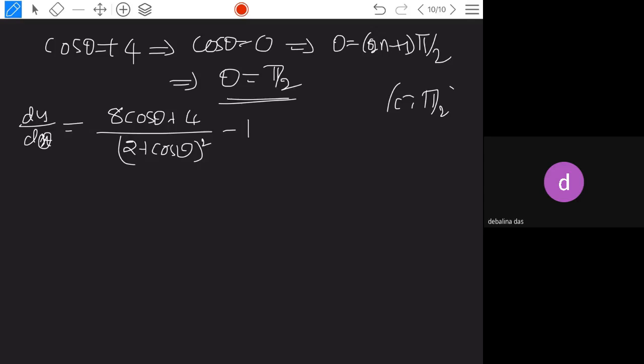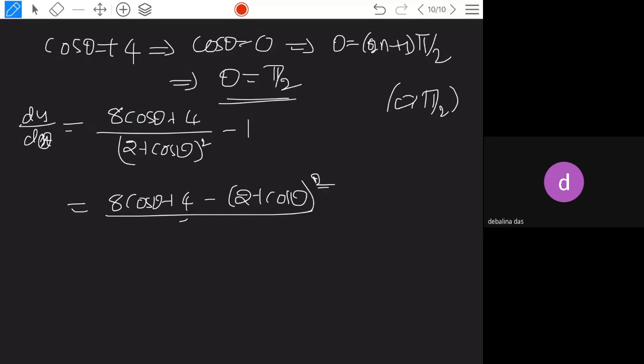For that, obviously you need to simplify it. Without simplification, you cannot do it. So on simplification, what do you get here? 8 cos theta plus 4 minus (2 plus cos theta) whole square, by (2 plus cos theta) whole square.